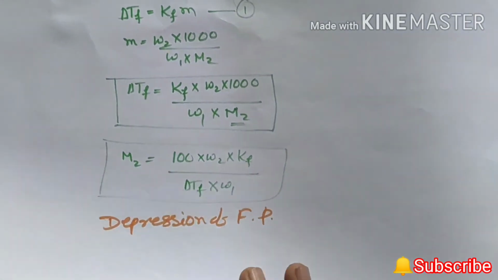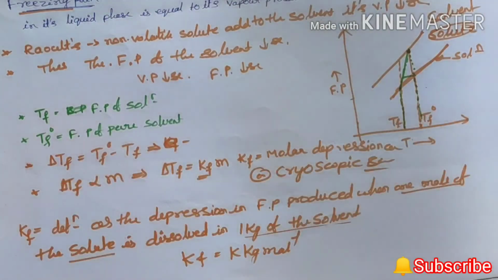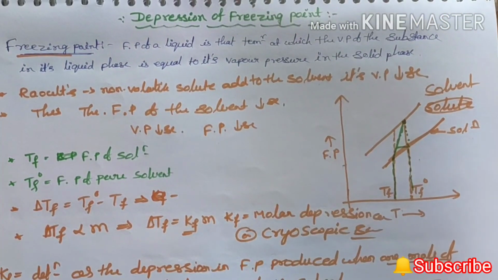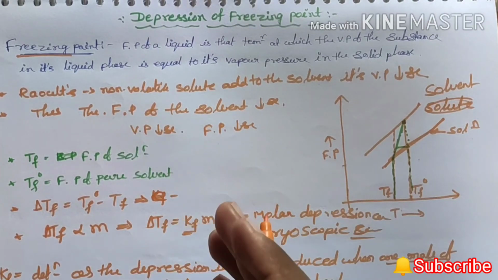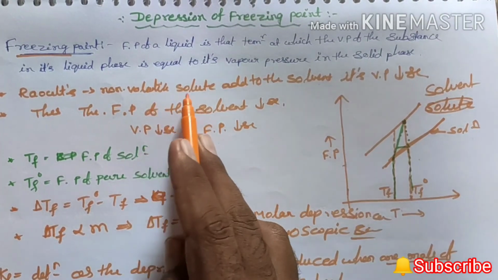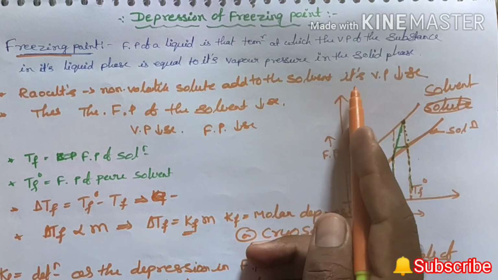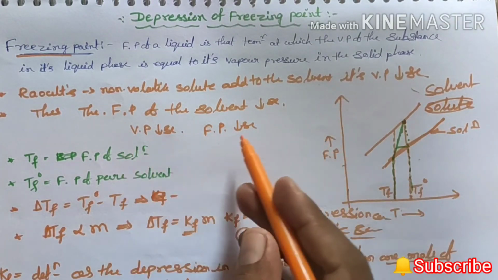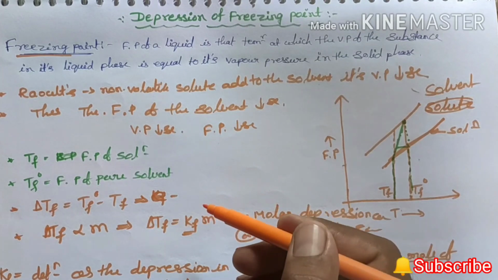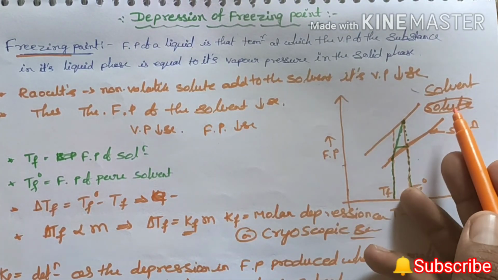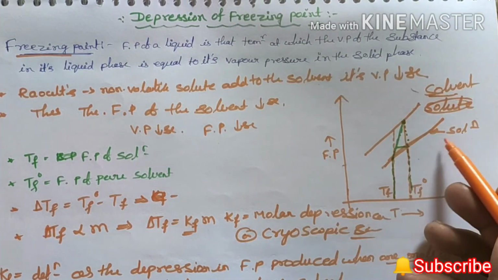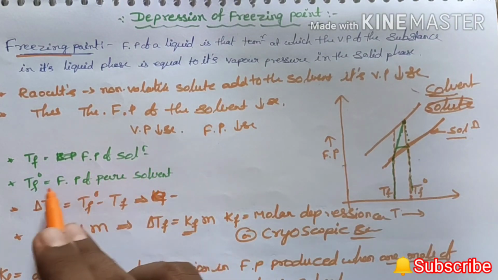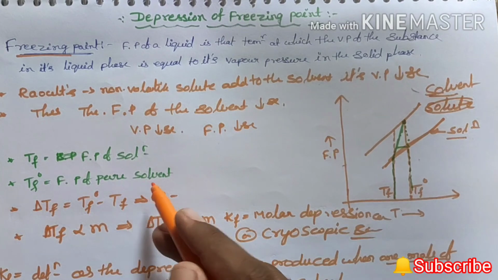It's very simple, dear student, and this equation is very simple. I will tell you once again. From Raoult's law, whenever a non-volatile solute is added to the solvent, the vapor pressure will decrease. If vapor pressure decreases, similarly the freezing point also decreases. From this graph, this is the pure solvent, and this is the solution graph. TF means the freezing point of the solution, TF naught means the freezing point of the pure solvent.